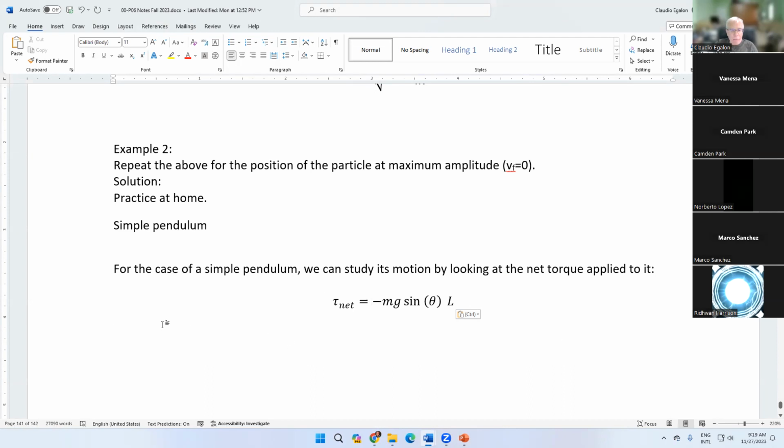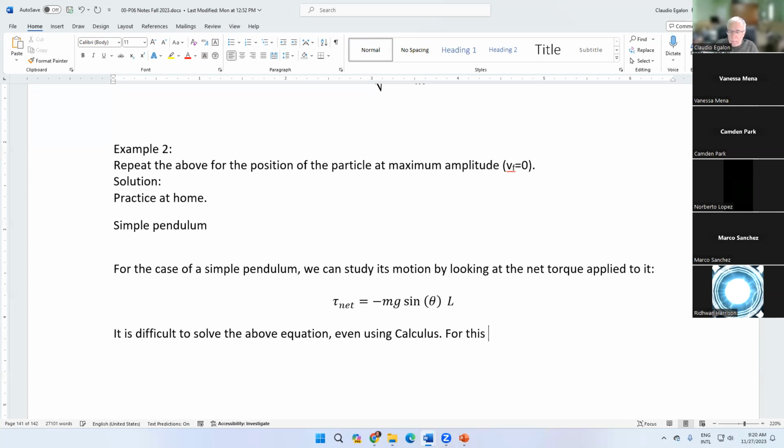In the next step, solving this equation is rather difficult because we have this sine of theta. Let's write it down: it is difficult to solve the above equation, even using calculus.